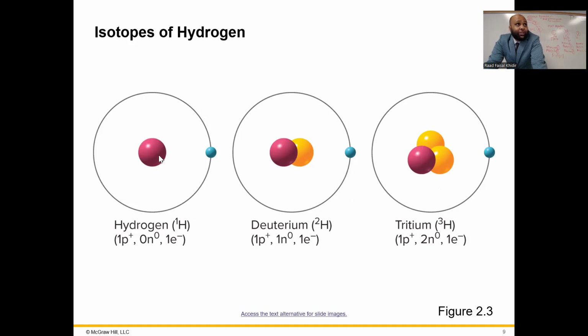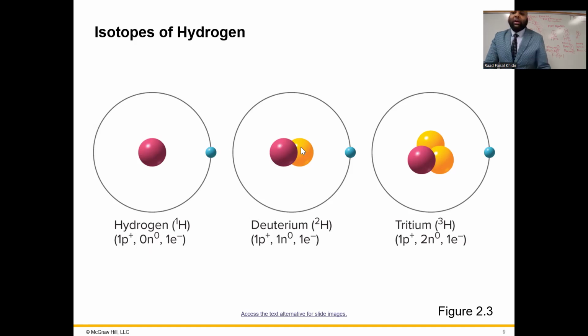If you see where my mouse is, see the mouse? Hydrogen H1 has one proton. Neutron is this orange. So H1 has no orange, it's just red. That's a hydrogen proton. It has one electron.